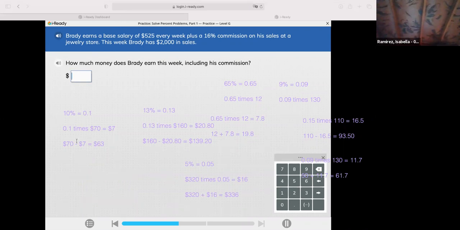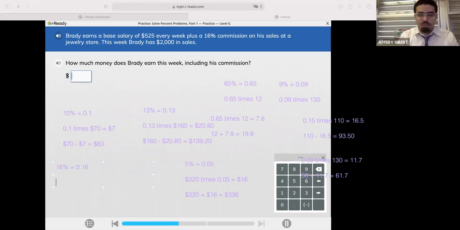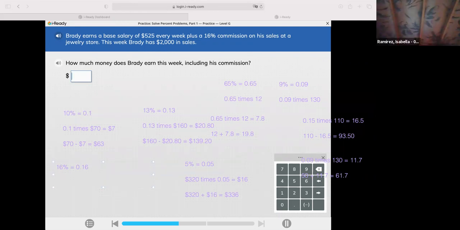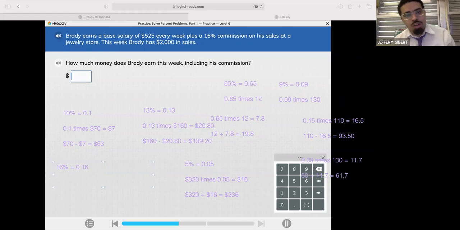You convert 16% into a decimal, and it'll be 0.16. All right. Then what? Then you have to subtract. All right. Why are we subtracting?